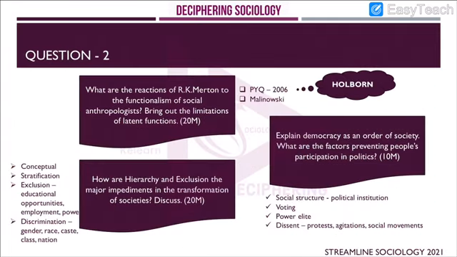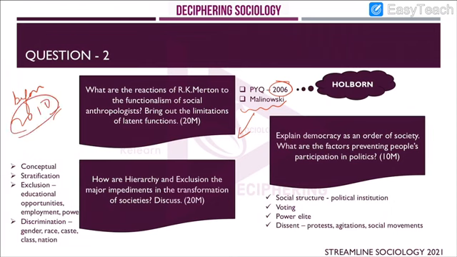Then the second question. The first part, which is on R.K. Merton, was a repeated question from 2006. So now you can understand that we cannot neglect questions which have been asked before 2010.